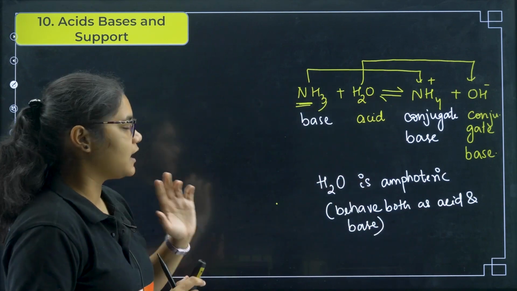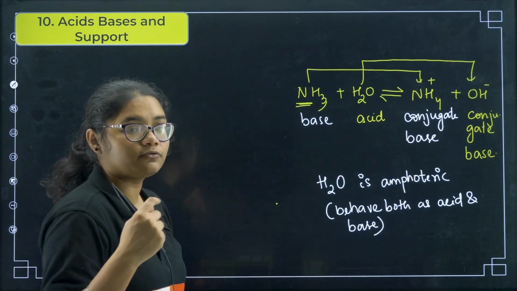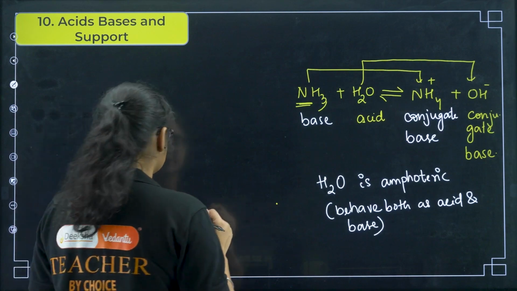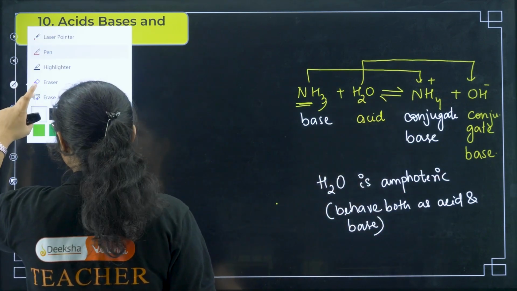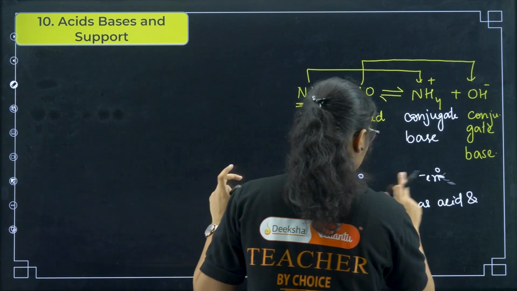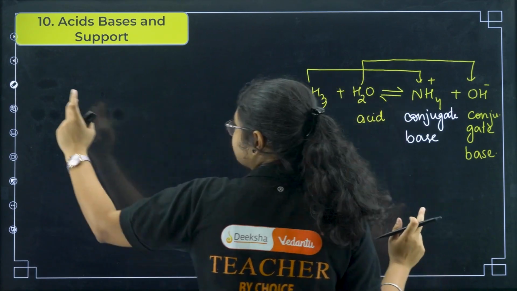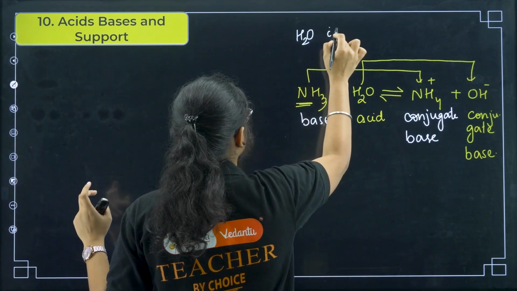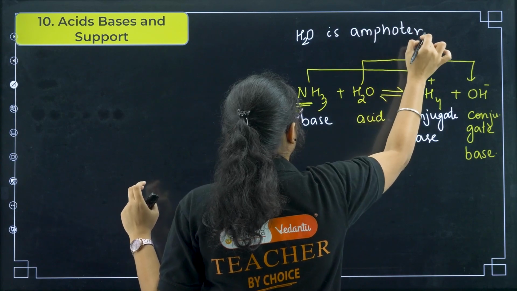Now how are questions asked from here? Suppose a substance is given and you want to find the conjugate acid of that. Please understand this one. I know all of you might know the meaning of amphoteric.